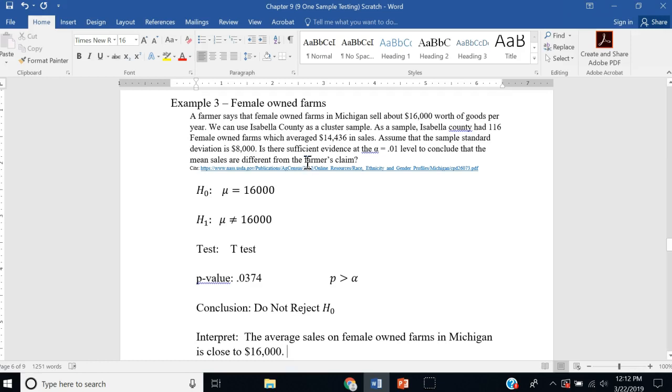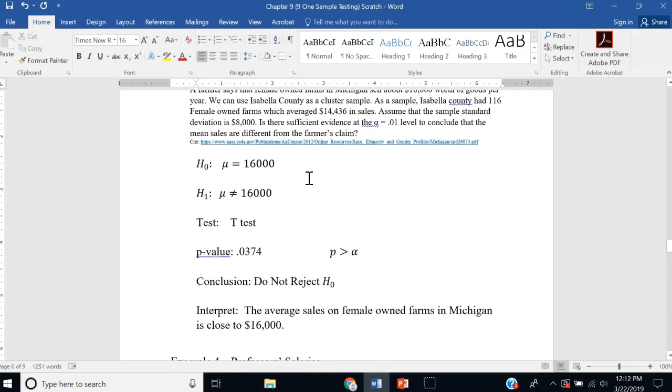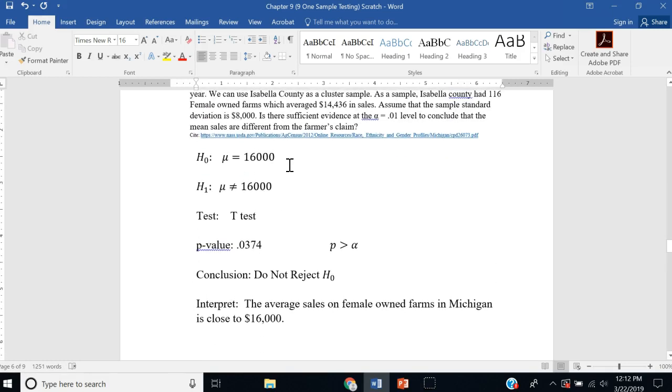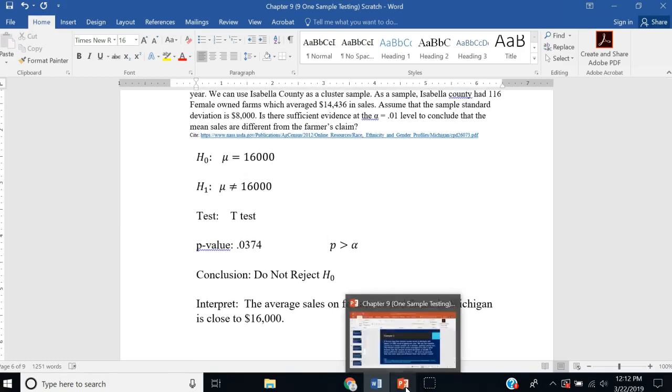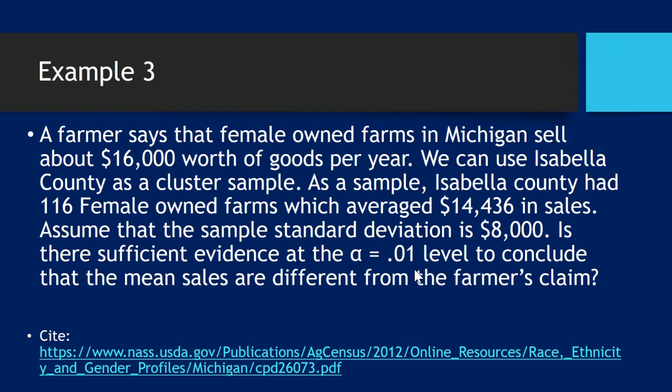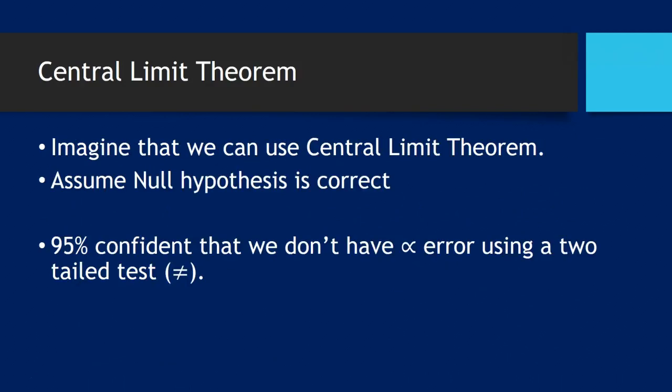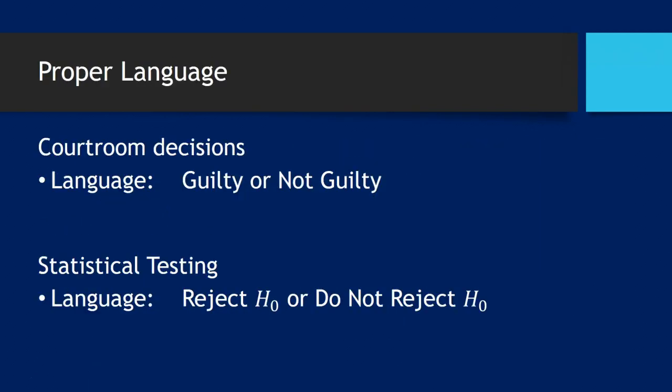Now, notice that I avoided the equal to language on this. I'm doing that on purpose. Let's go back to the notes for just a moment and go back to what we did last time. This comes back to the proper language.